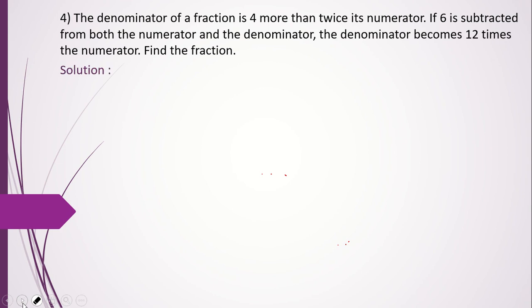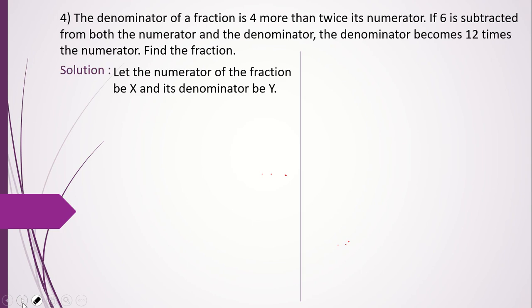So let us see how we are going to do it. Let the numerator of the fraction be x and its denominator be y. Okay, now according to the first condition given, denominator of a fraction is 4 more than twice its numerator. Twice numerator means 2x.